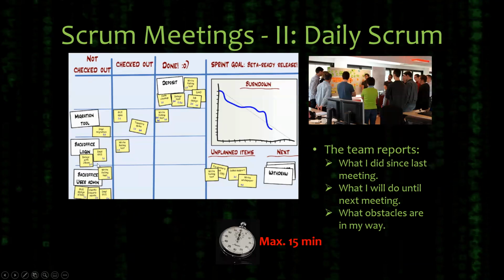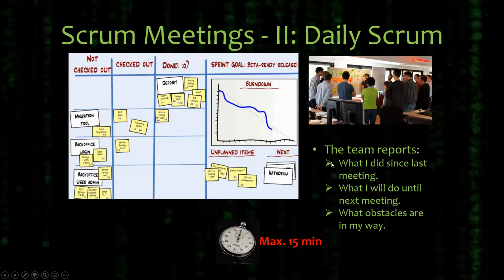You'll have a board where the different sprint backlog items that are checked out will be moved to a different column. Those which are done will be moved to another column, right? And then you see how things are moving, right?